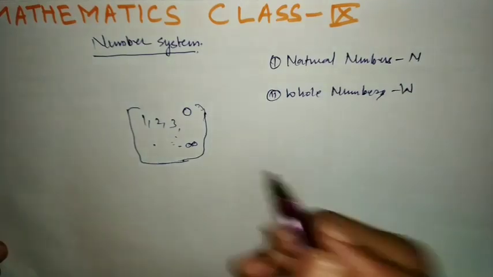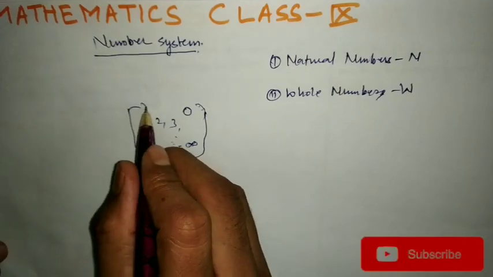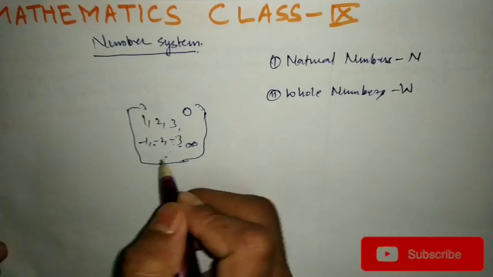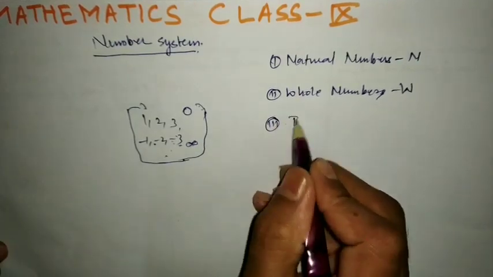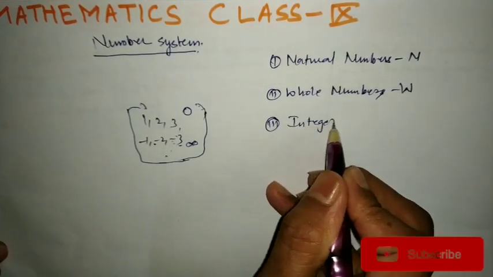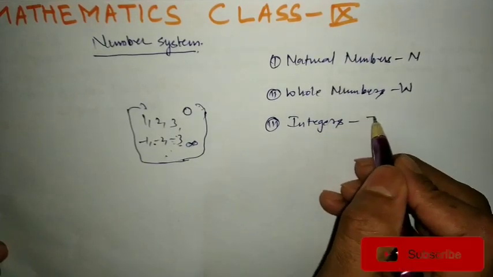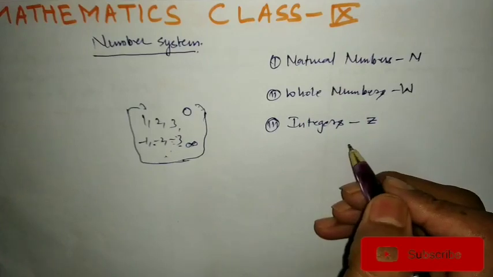Now if you put negative integers also up to infinity, so what will you get? It will become the collection of integers. It is denoted by capital Z.